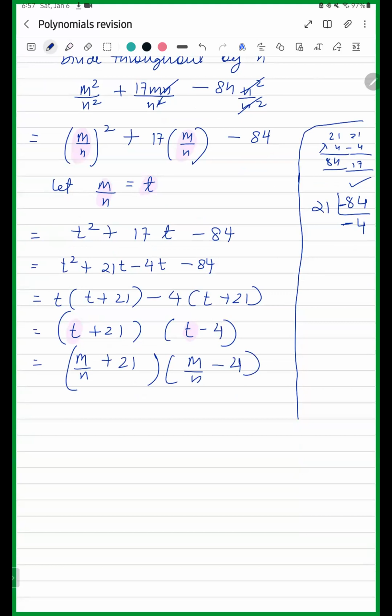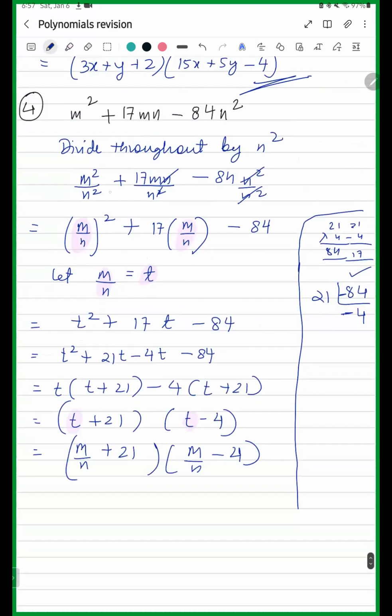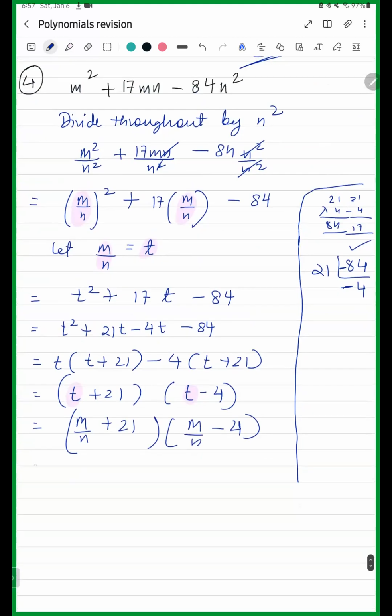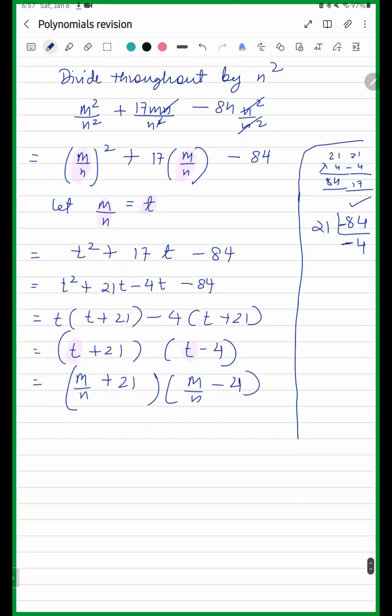But our original question was not in the form of m by n. It had nothing in the denominator. So we cannot leave it at this point. We divided throughout by n square, so here we will multiply it by n square.